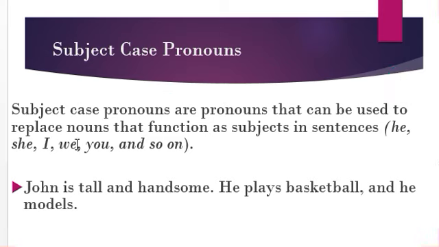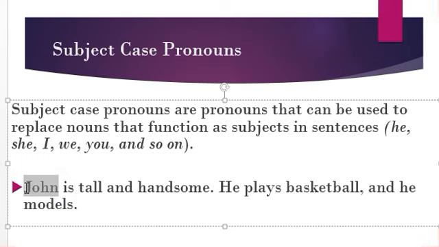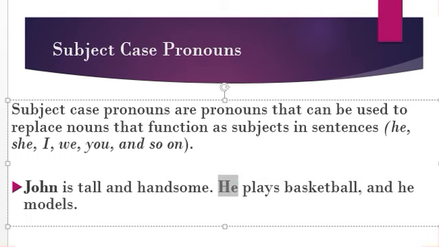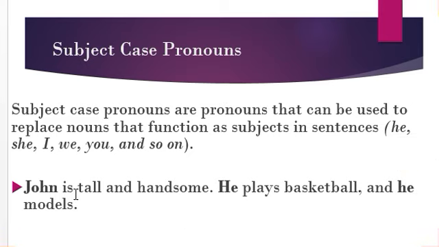What do we have? John is singular, and it is in the subject case. You can see that John is coming before the verb that we have here. John is tall and handsome, and here too the pronoun that is replacing John is also functioning as the subject of the sentence.